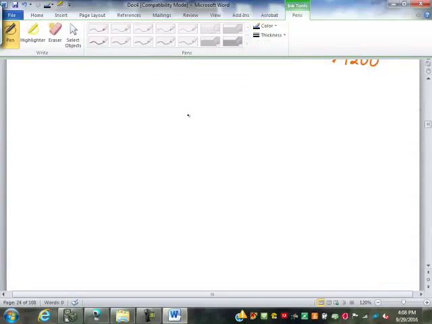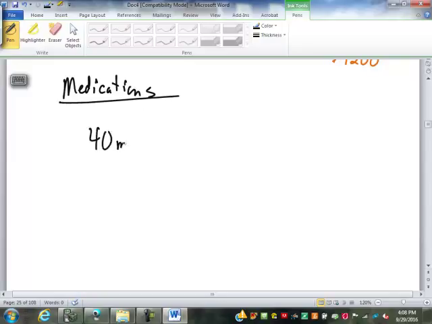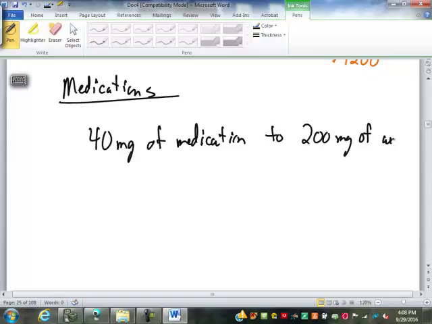Other ratios we might run into. We talked about those medications. If you're mixing medications, there might be that ratio of 40 milligrams of medication to 200 milligrams of sterile water.